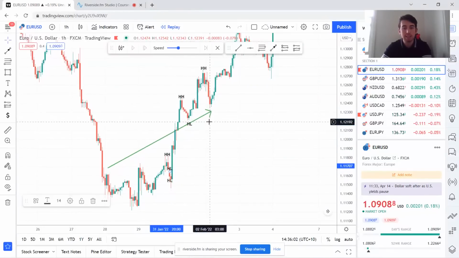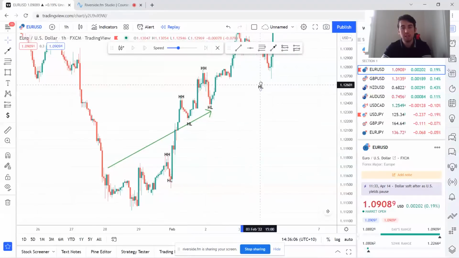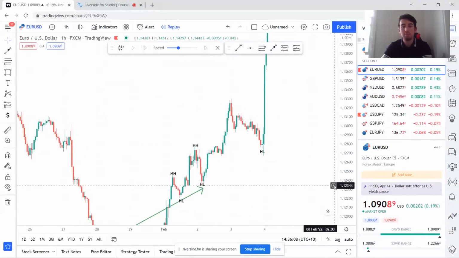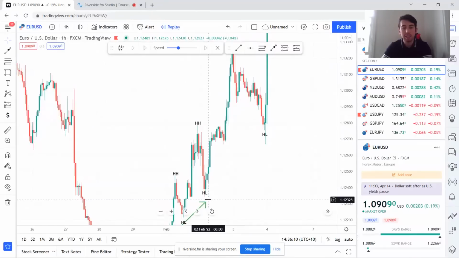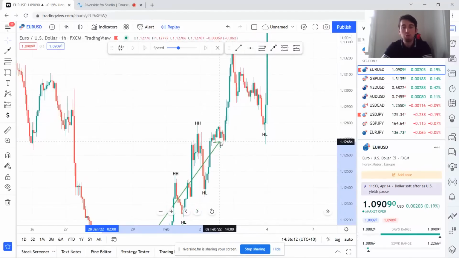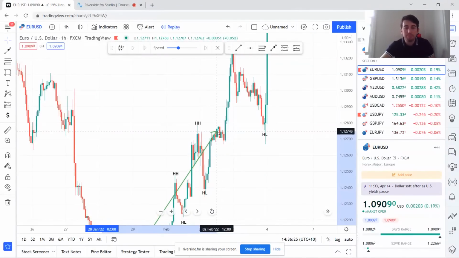And again, etc., etc. We can just continue to see that the market is performing and having higher highs and higher lows. Obviously, we don't really see a new low around here. Again, that looks like more of an accumulation, a really small pocket of accumulation, which you're going to see, as I said, very rarely, but it does pop up.